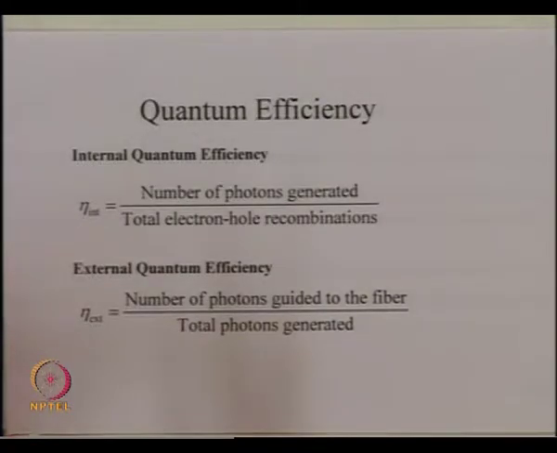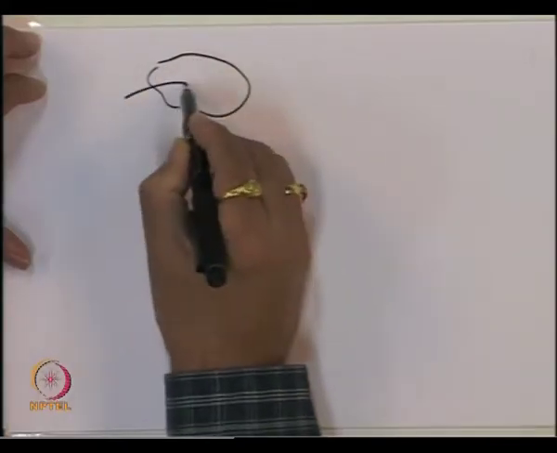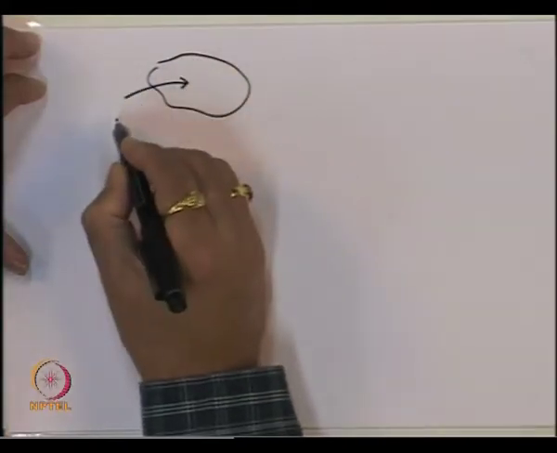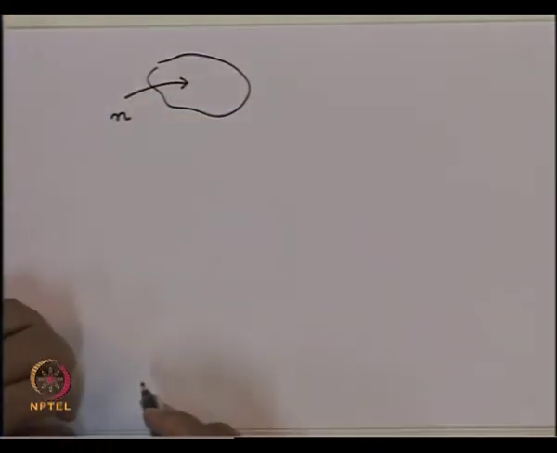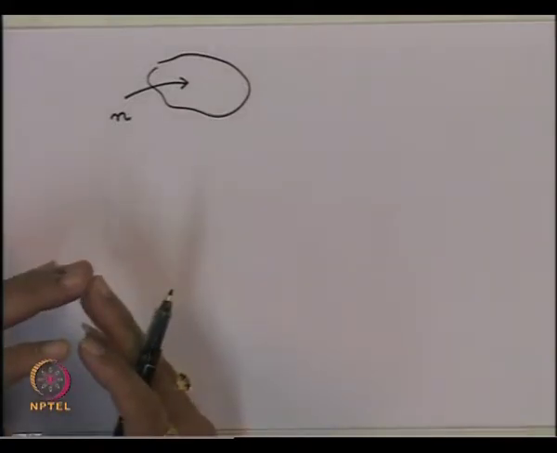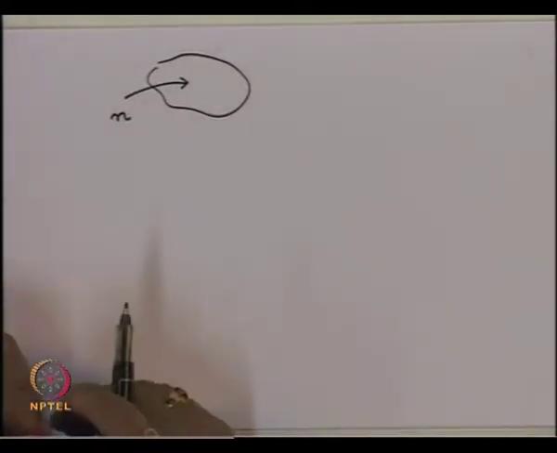So, let us see now what are the factors which are responsible for this efficiency. Firstly, when you have a region in which some carriers are injected, let us say some n carriers are injected inside this, the rate of change of recombination or disappearance of this carrier would be proportional to the carrier density.